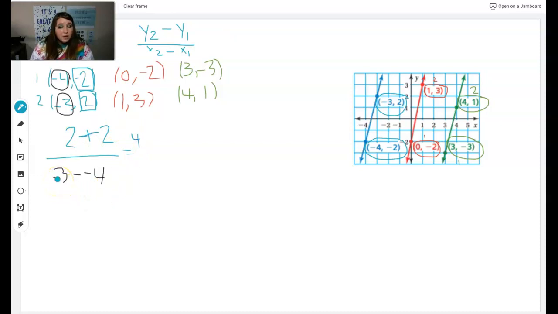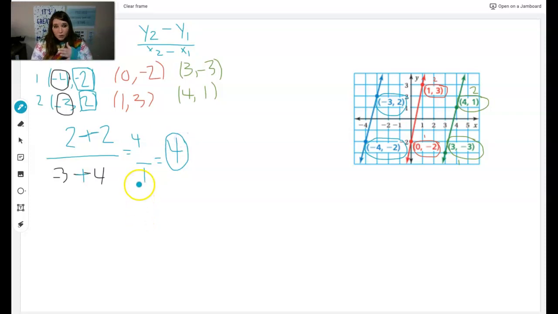On this one, we have negative 3 added to a positive 4, which means I have 1 left over. And 4 over 1 is equal to 4, or a slope of 4.